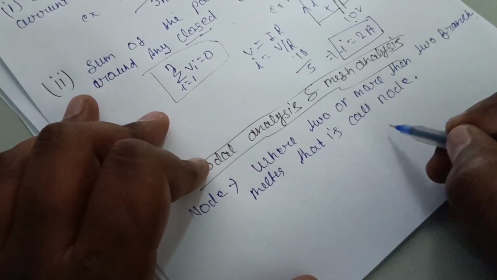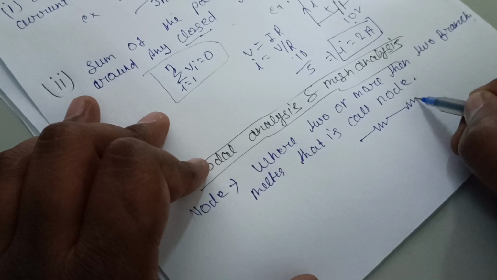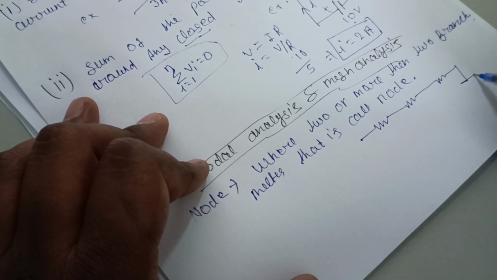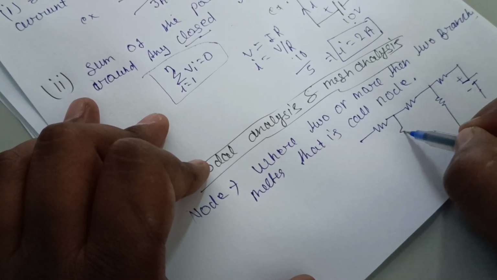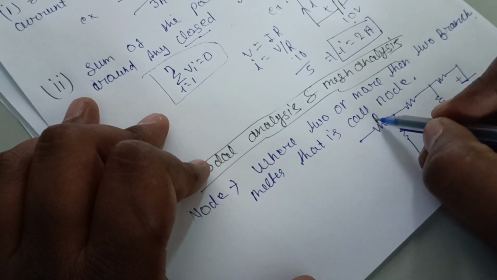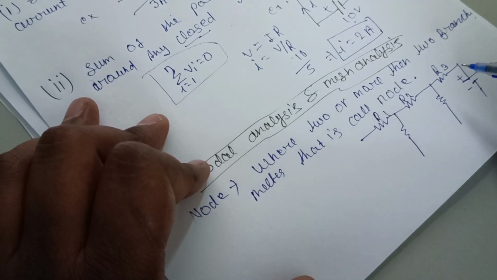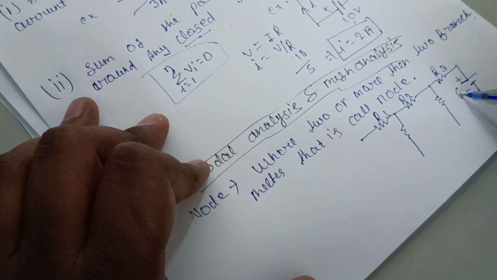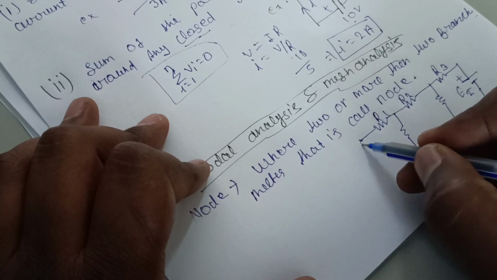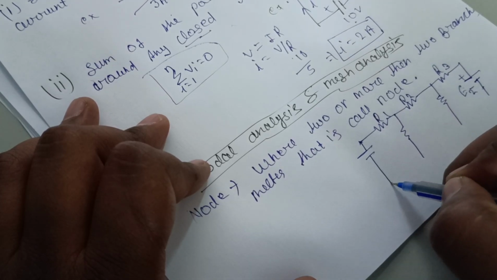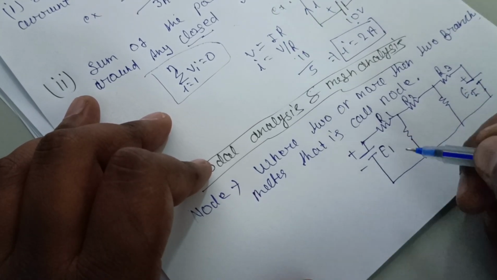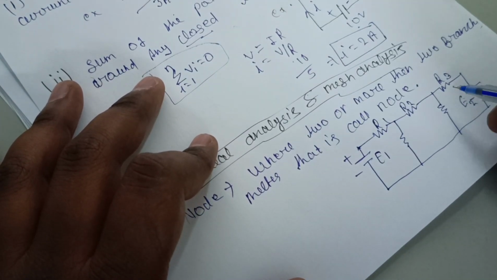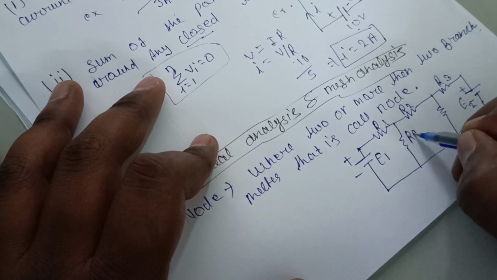Suppose we have a circuit something like this: R1, R2, R3, R4, R5, and batteries E1 and E2, with positive and negative terminals.